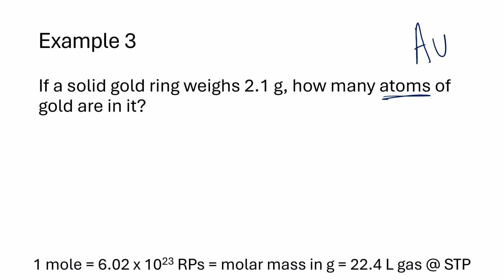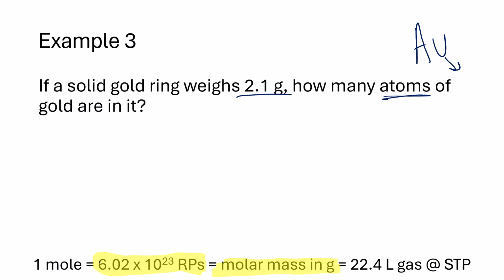It's giving us grams. So it's going to be important to note that we now need the molecular weight of gold. So I'm going to highlight the molecular mass because they are using grams, and then ask for atoms, which is, in this case, the representative particles. So the two equivalent points that I will need are the representative particles and the molecular weight. But I need to go to the periodic table of elements and find the molecular weight of silver.